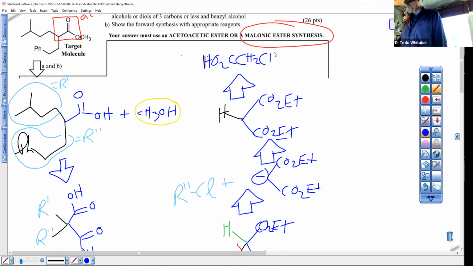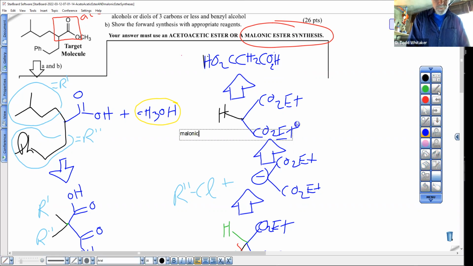Is right here. Oops, not there. There's malonic acid. Don't need a radical here. Malonic acid. Here we are.